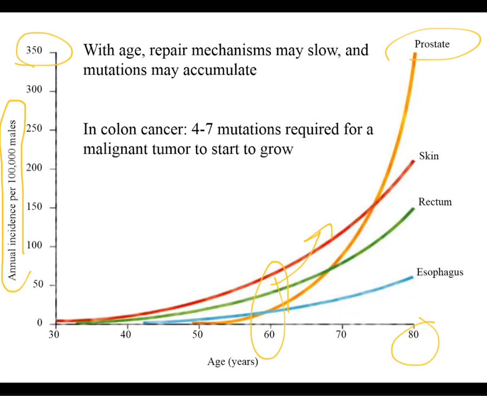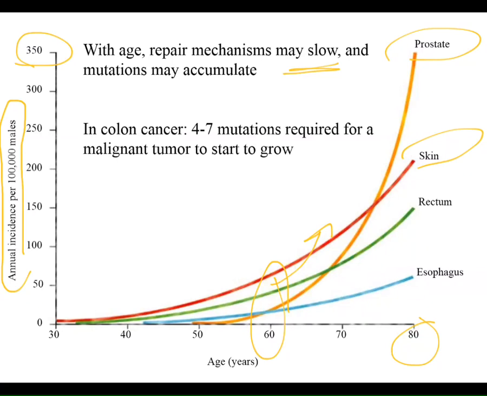Quite a few numbers of skin cancer. Lung cancer is not on this picture. Just to give you an idea, with time, what's happened? Not only has our body been around longer to accumulate more of these mutations, but we've been exposed to more chemicals and environmental issues throughout our life.